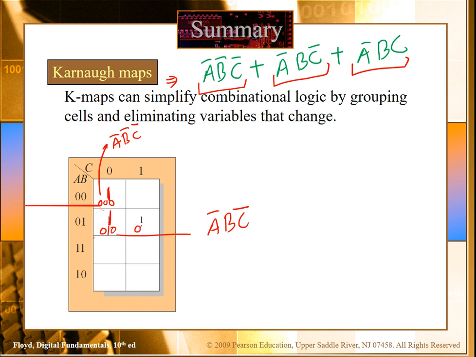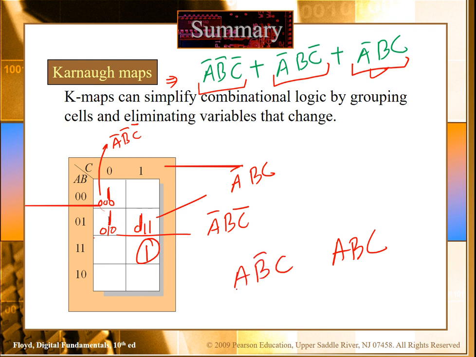Similarly, this is 0 1 1, so this is A bar B C, which refers to this term. Whatever term I have, for example A B C, will appear here, so I will put 1 here. Then, let's say I have the term A B bar C. This is this cell, so I will put 1 here.